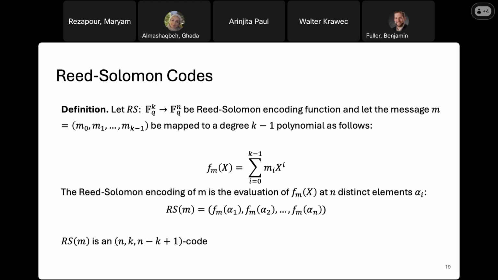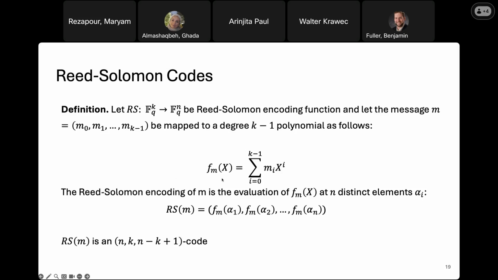For the secret sharing scheme that we talked about before, we are going to use Reed-Solomon codes. Reed-Solomon codes are error correcting codes that work as follows. Let's assume we have a message M which has k characters. We put each of the message's symbols as a coefficient of a polynomial f.